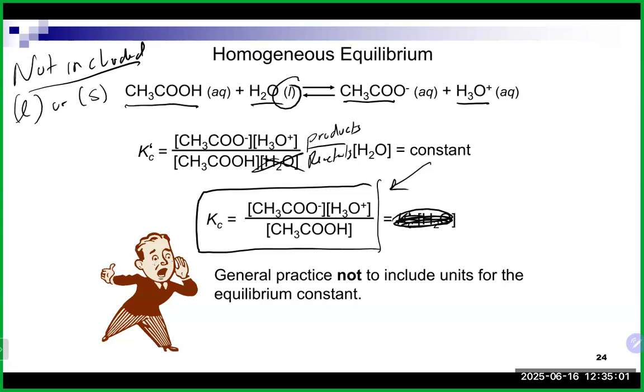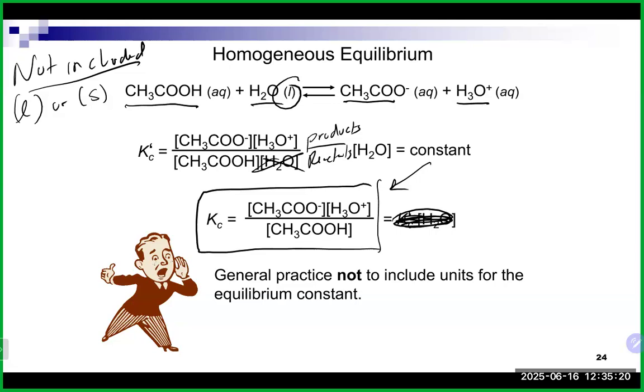A solid for the same reason, just sitting there. It's not doing much. So a solid will not affect equilibrium. It's just kind of hanging out there. It's not really active or anything like that. So if you have anything in the equation that's a liquid or a solid, you do not put it into your equilibrium expression.